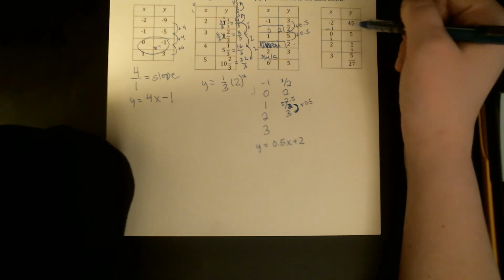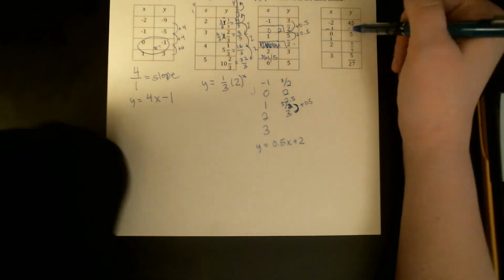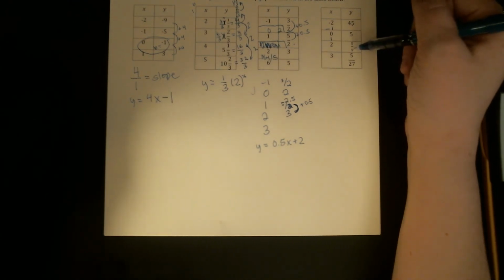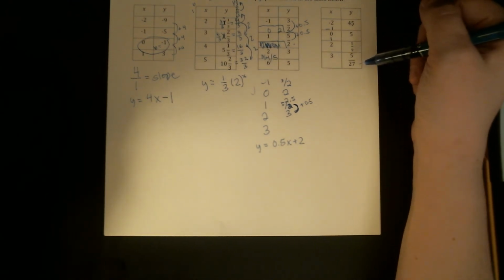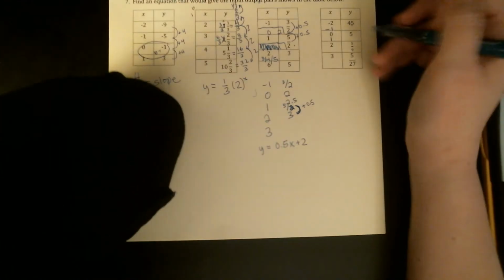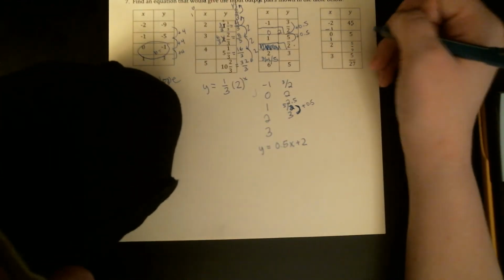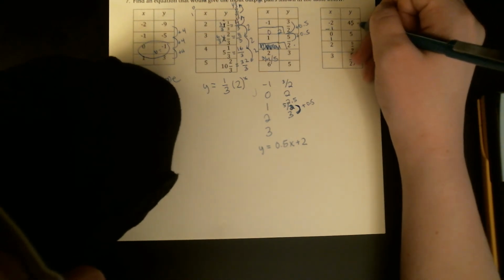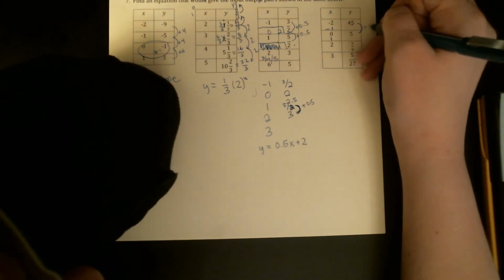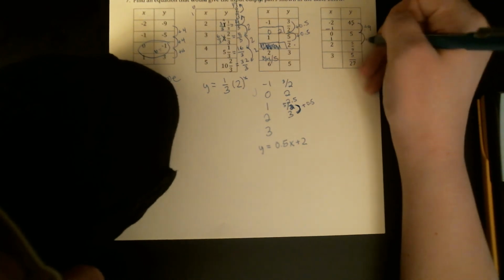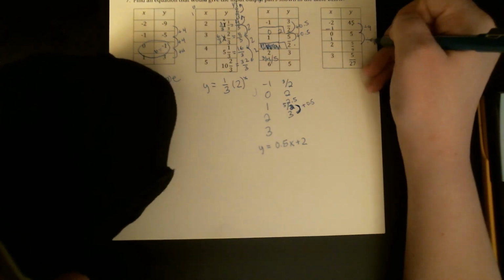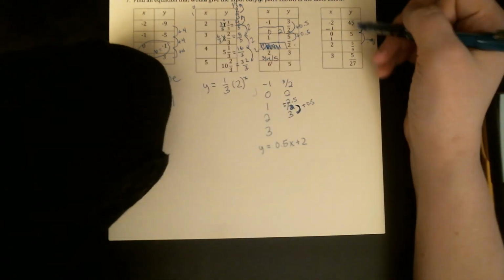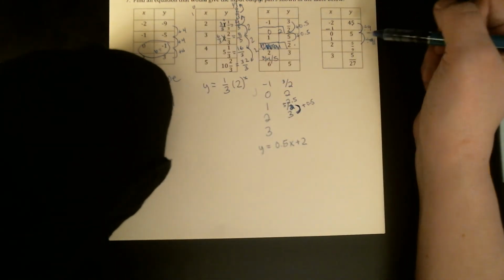Y equals 45 drops down to 5 by the time we get to 0, and then down to 5/9 by the time we get to 2, and down to 5/27 by the time we get to 3. So for one thing, from here to here, it looks like I divided by 9, and from here to here looks the same. It doesn't hold for 27, but notice 27 doesn't have the same spacings as some of these up above.